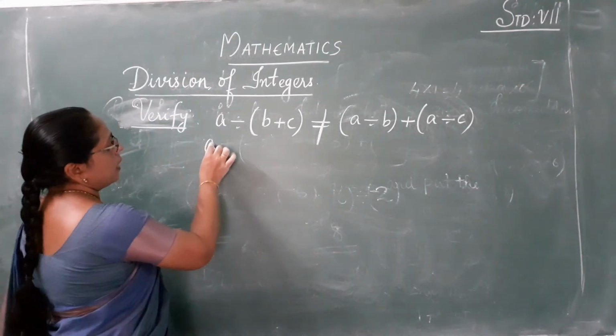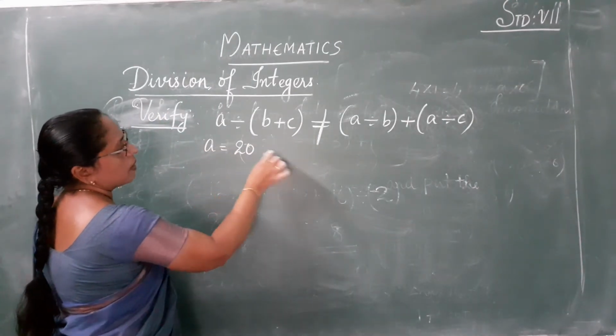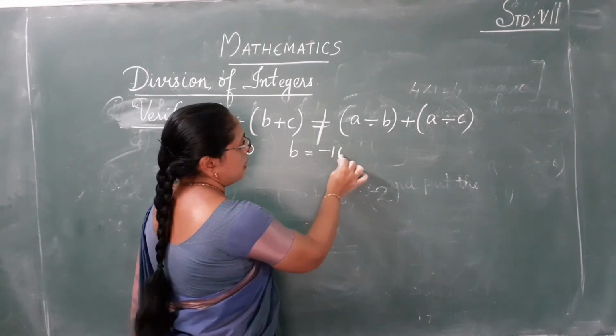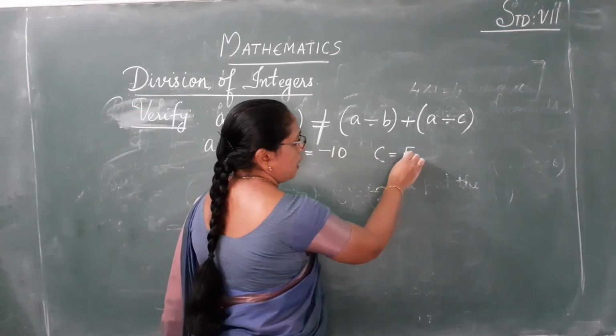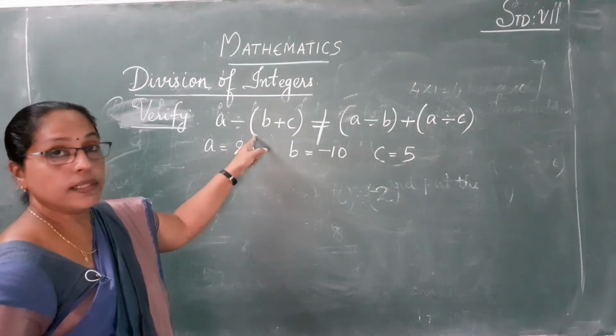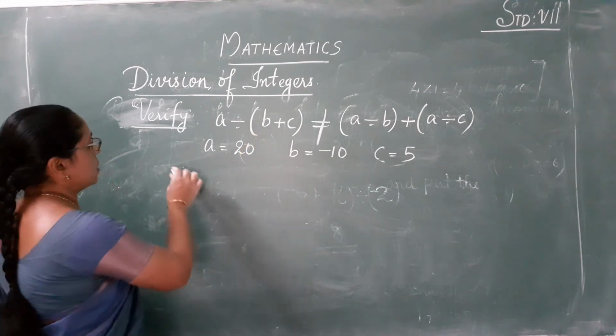So A equals 20, B equals negative 10 and C equals 5. So what are we going to do first? Let's solve the left hand side, LHS.